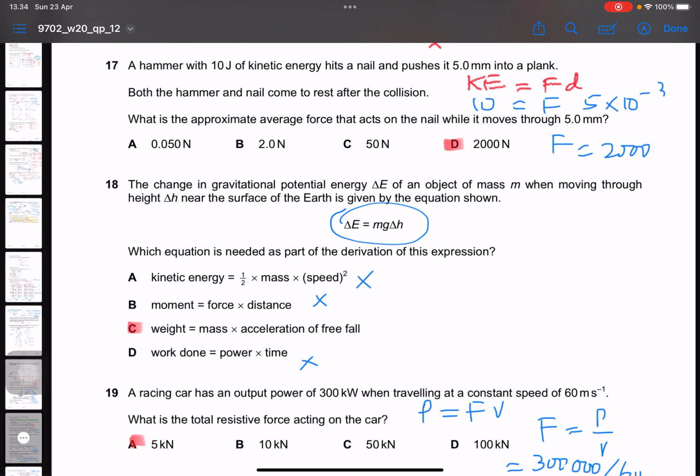Work done by the hammer equals the kinetic energy of the hammer on the nail. So the force by the hammer is F, and 5.0 millimeter is the displacement. So F equals kinetic energy divided by 5.0 millimeter. We get 2000 newton. Answer is D.